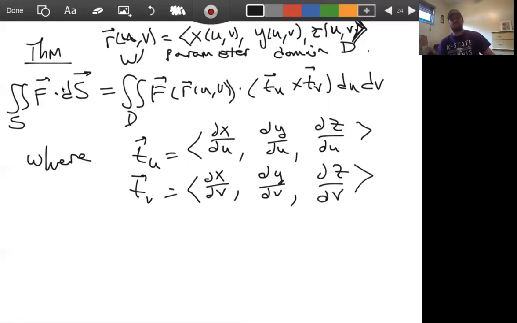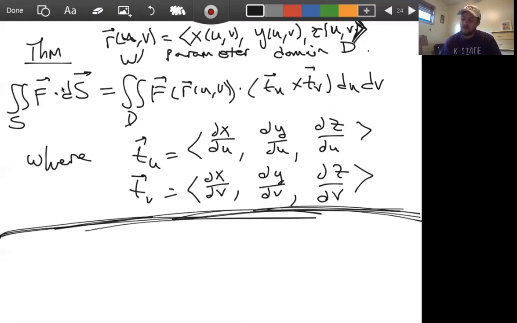And this gives us a full construction and understanding of vector surface integrals. We have to know how to parameterize a surface. We have to know what our vector field F is, right? And then we need to be able to compute tangent vectors. And then if we can do all that, we plug it into the integral and compute.